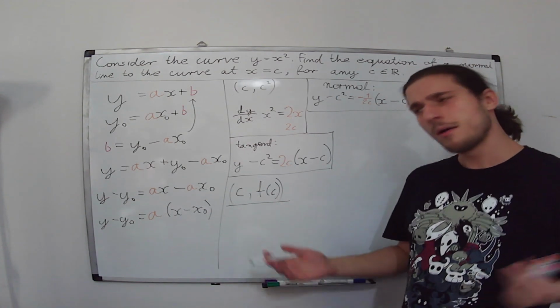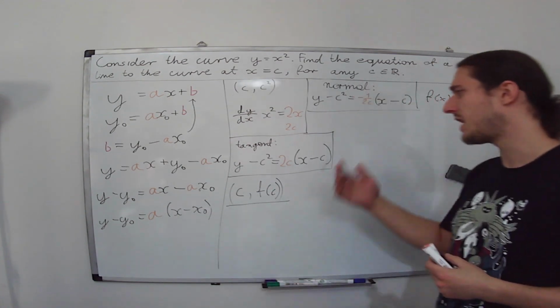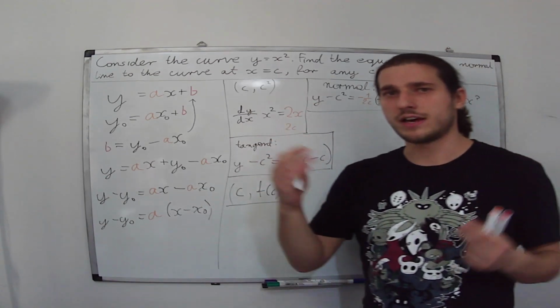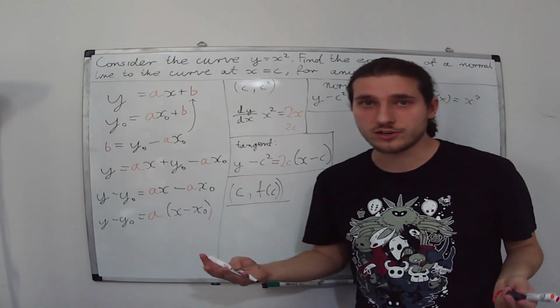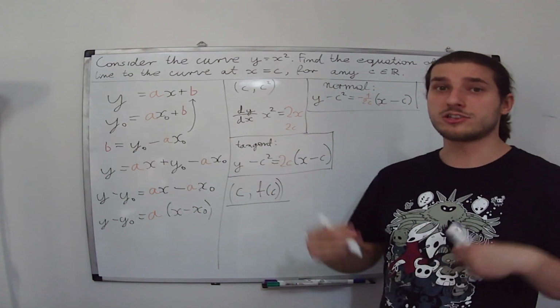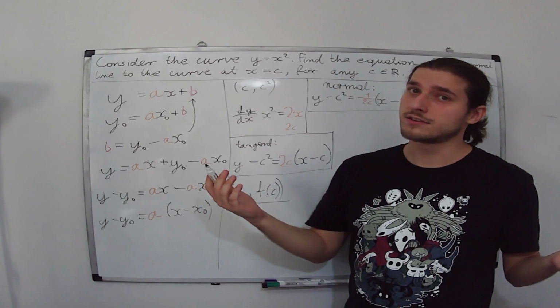Okay, but what is the gradient? What is the gradient of the tangent? Well, we figured out that the gradient of a tangent line is basically the rate of change at that point of any given curve, and that is just the derivative of that function.